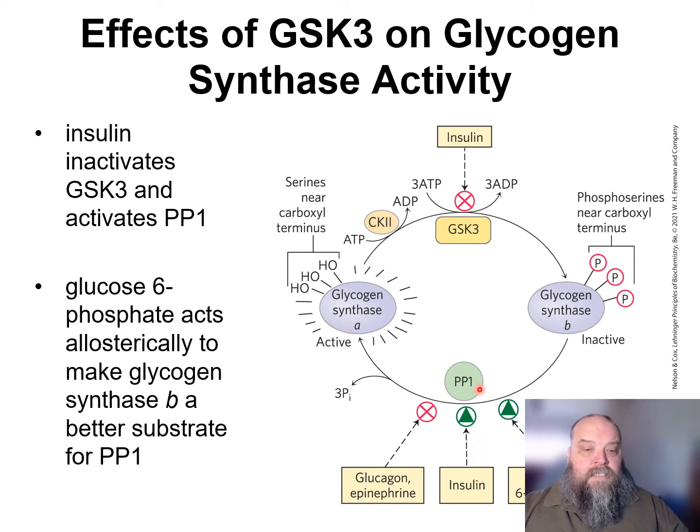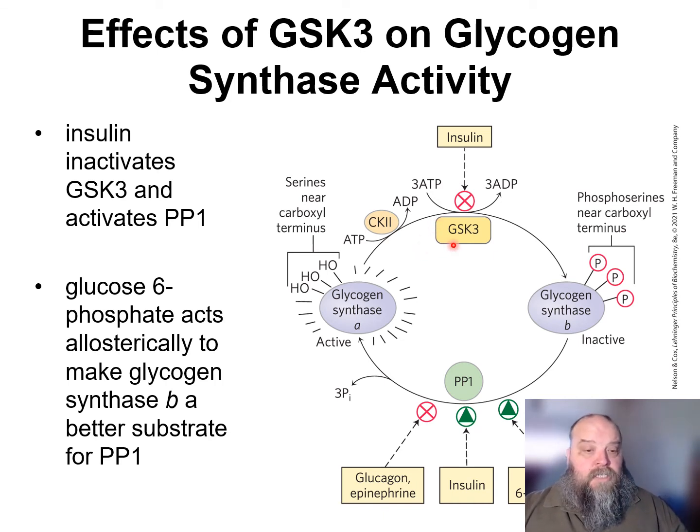Now, if insulin is saying PP1 do its job, insulin is telling GSK3 stop, don't do your job. Epinephrine inhibits PP1, but it also activates GSK3, or allows GSK3 to do its job.